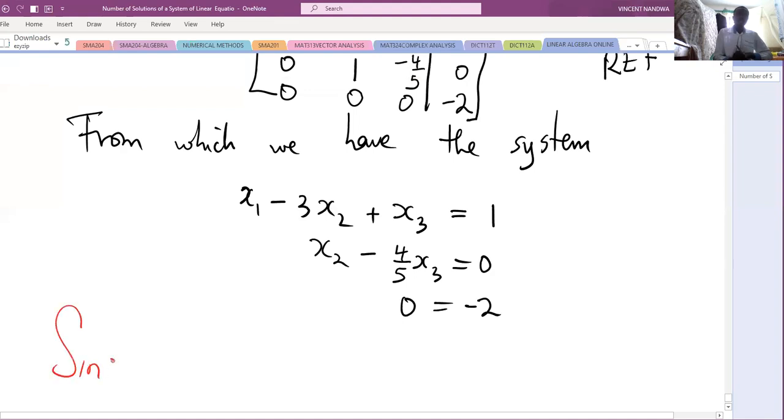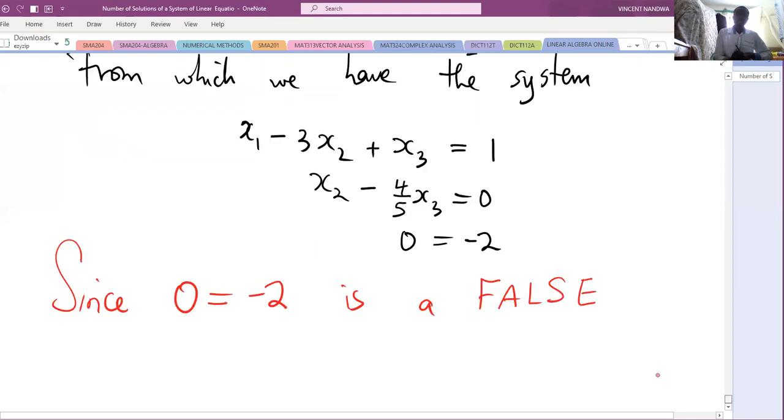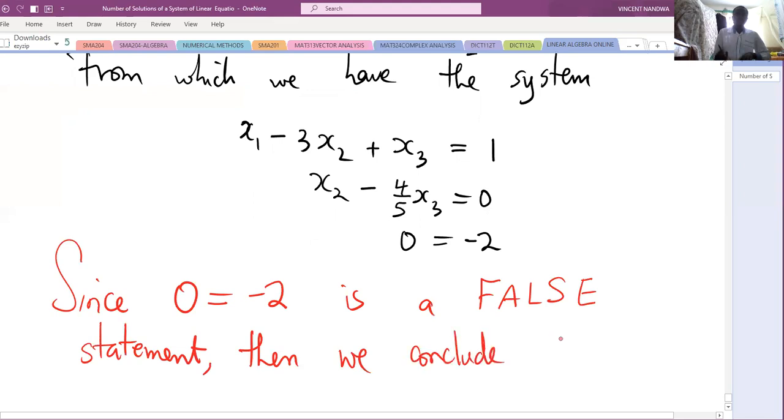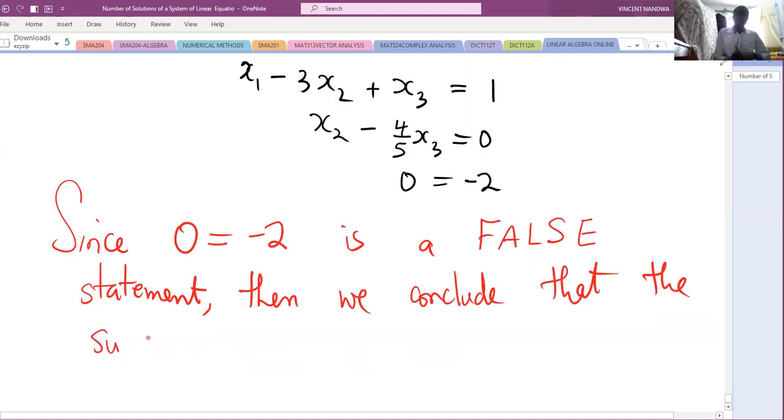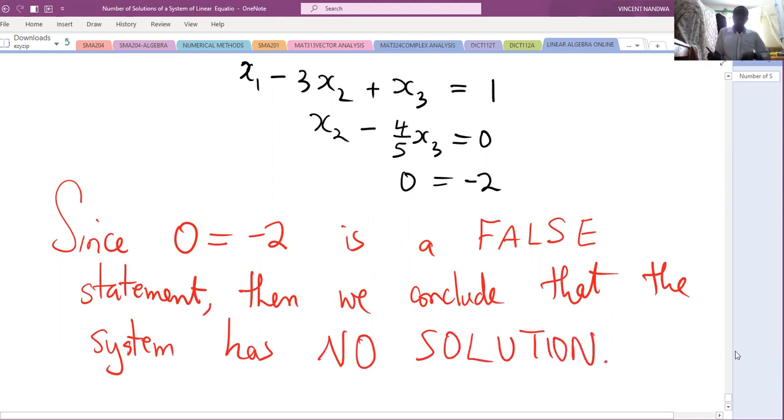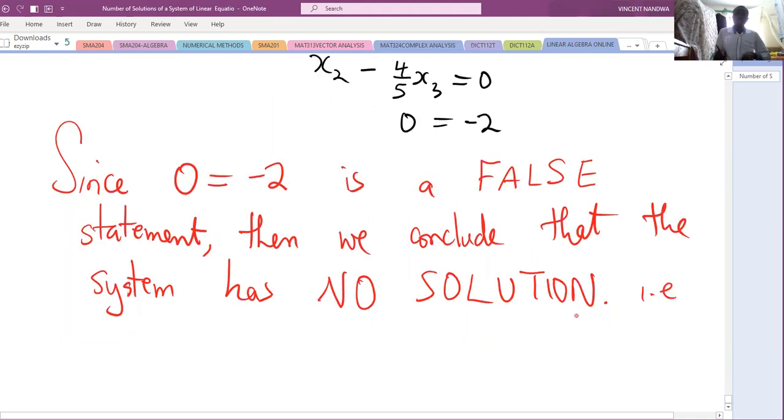So since 0 equals -2 is a false statement, it's not possible for 0 to be the same as -2. Then we conclude that the system has no solution. So this system that we are given here is an example of an inconsistent system.